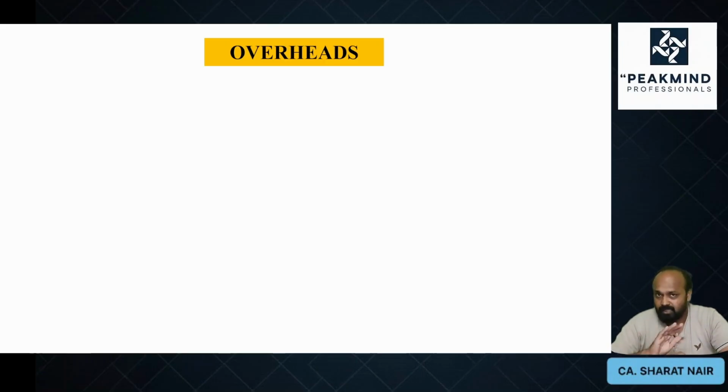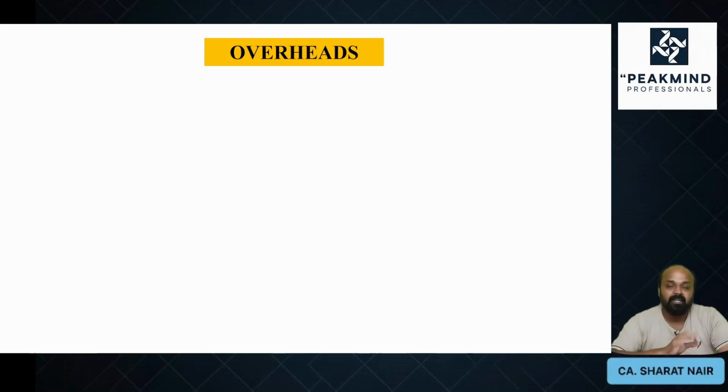Assuming that there are no computers in the canteen department, we can say that the IT department is rendering service only to the production department. So what I am trying to convey is, a service department may render service to another service department or not, it may be as per the case. But service departments are basically designed to render services to the production departments. I hope it is clear.